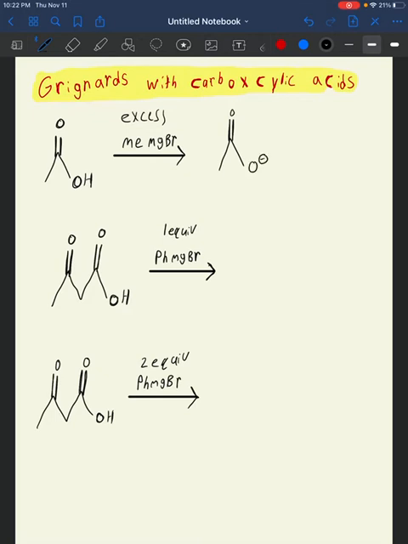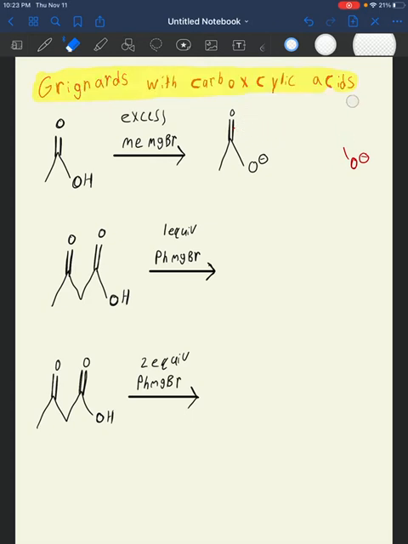It's physically impossible because if we do resonate this, you would get an intermediate that looks like this. And this is no bueno because we have two negative charges way too close to each other. So even if we do have excess MeMgBr, the only thing it can do is deprotonate when we're dealing with just a carboxylic acid.